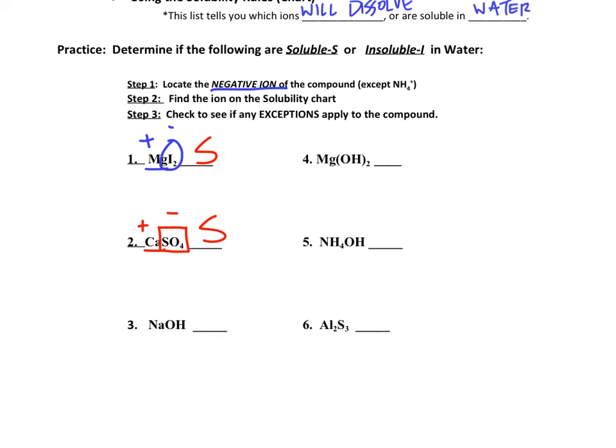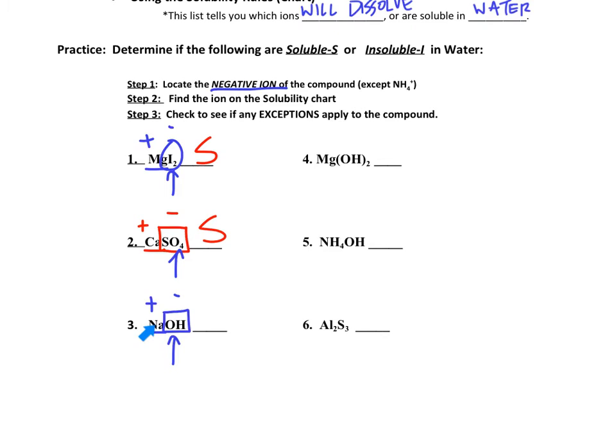Sodium hydroxide. Well, we know sodium is a metal. It's got a positive charge. Hydroxide is a polyatomic ion. You have to be able to identify your polyatomic ions. And it's got a -1 charge, so this is the one that I am looking at. Okay, I'm looking at hydroxide, I looked at sulfate, I looked at iodine. So find hydroxide on your look back here.